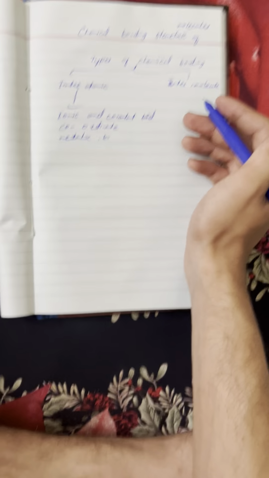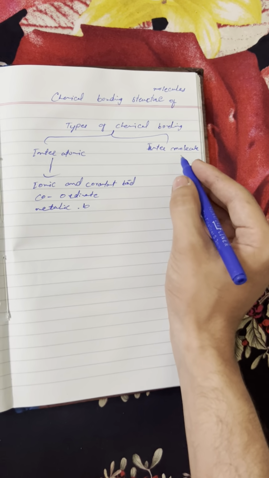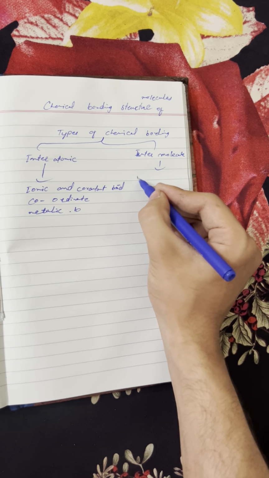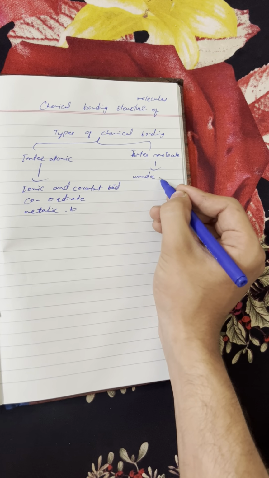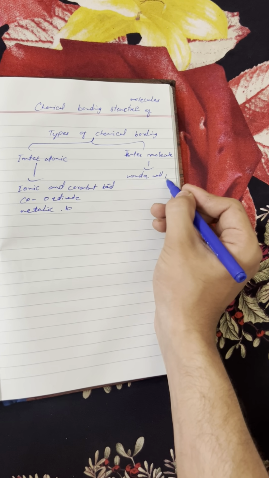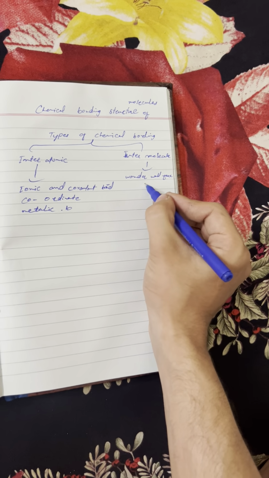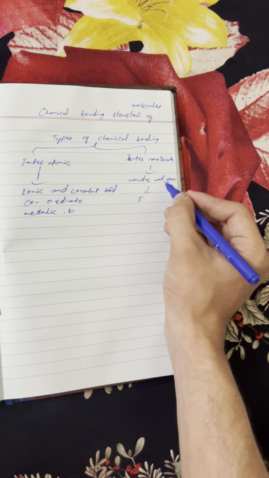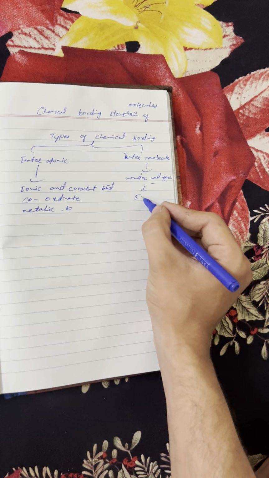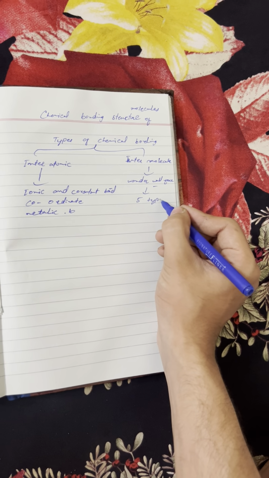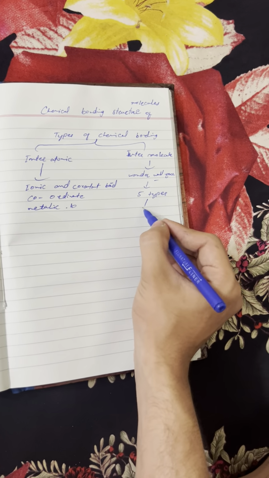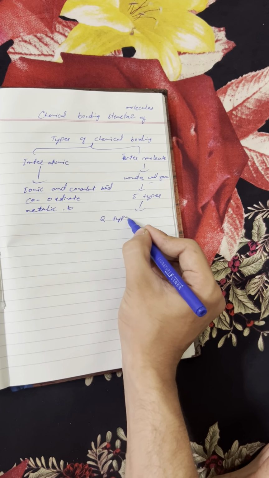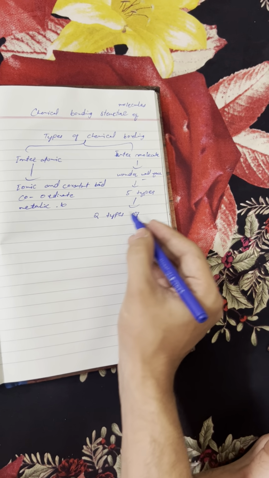And in intermolecular, we'll study about van der Waals force, and here we have 5 types of van der Waals force, and we'll study about 2 types of hydrogen bond.